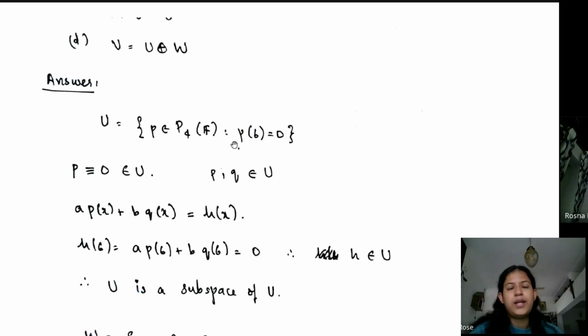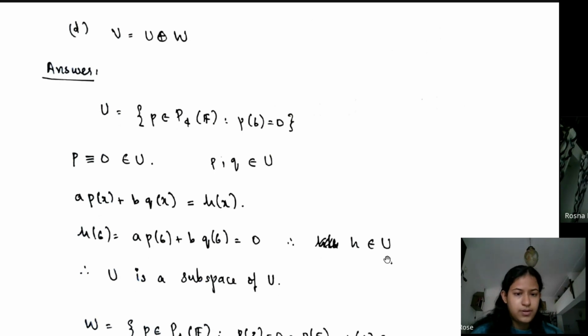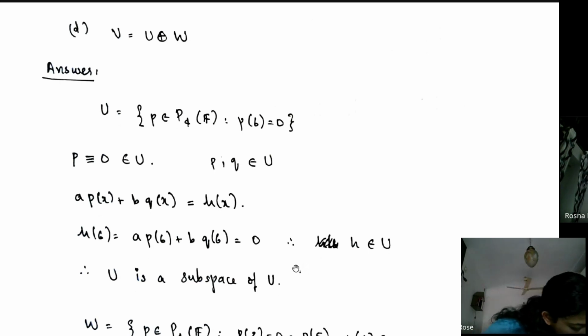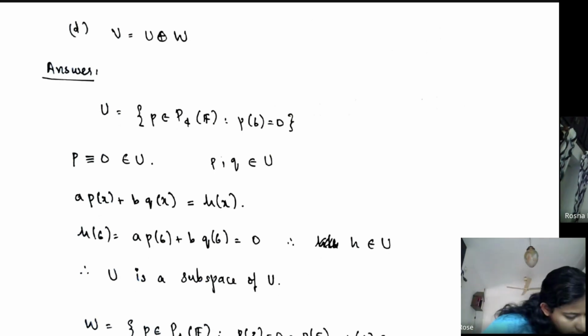Then what I have to do is show that H of 6 equals 0. That is what I want to prove. Then H of 6 is nothing but a times P of 6 plus b times Q of 6. Both of them are 0, then their sum is 0. So H belongs to U. So U is a subspace of V. So Sneha and Shraddha, Anamika, okay, you're all correct.